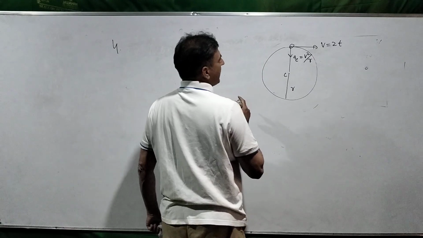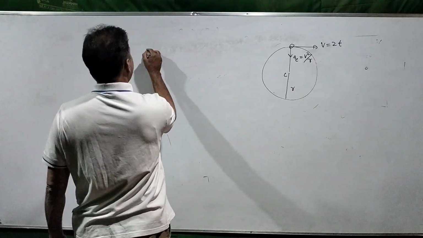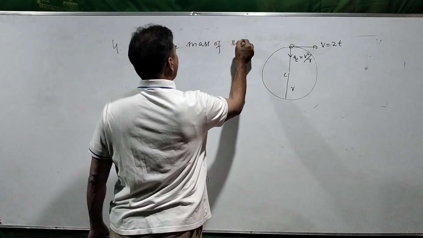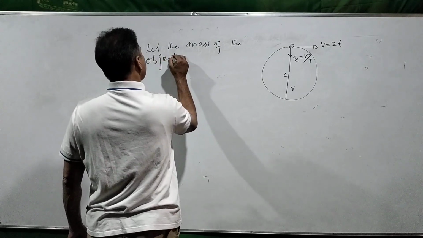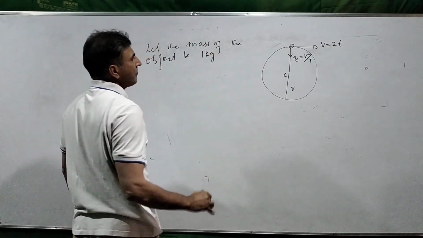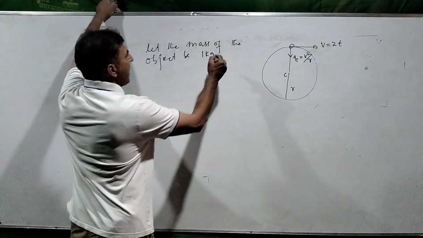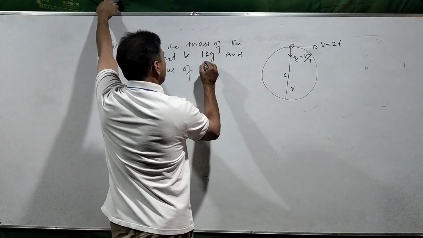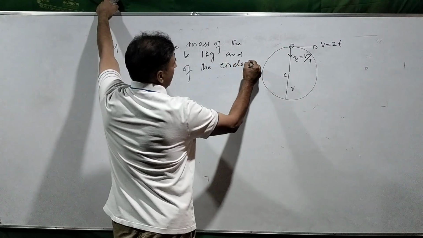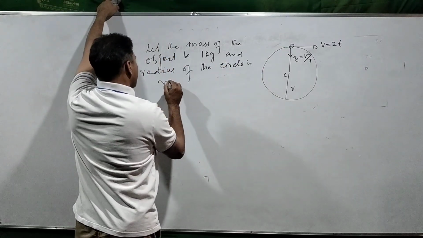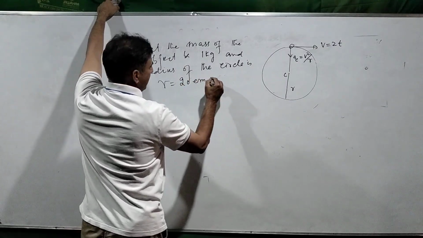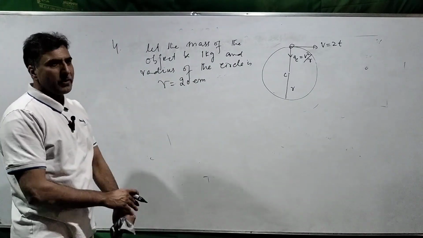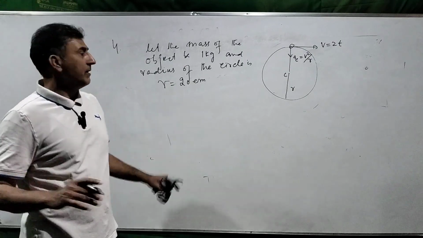And let the mass of the object be 1 kg and radius of the circle be equal to 20 centimeters. Okay, what are the questions that could be asked to make the things clear?